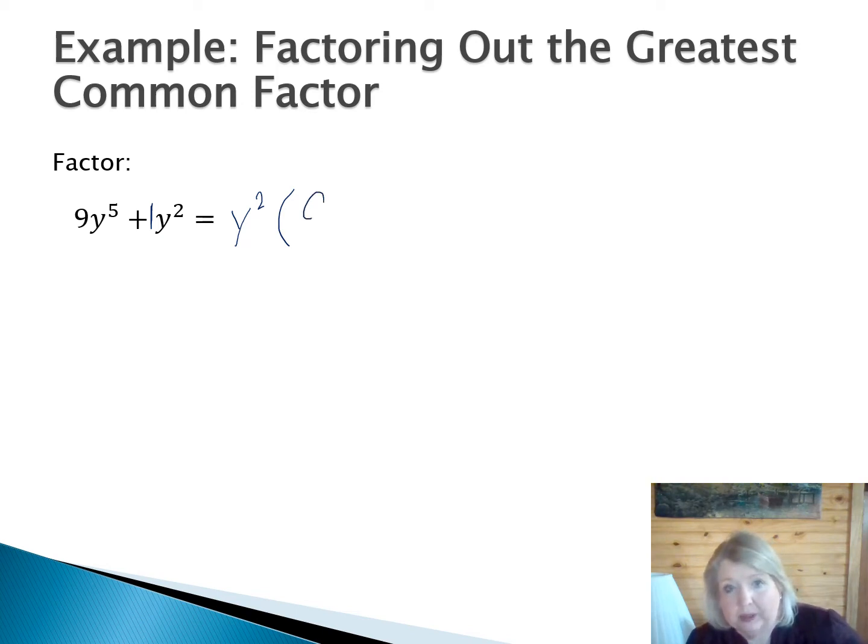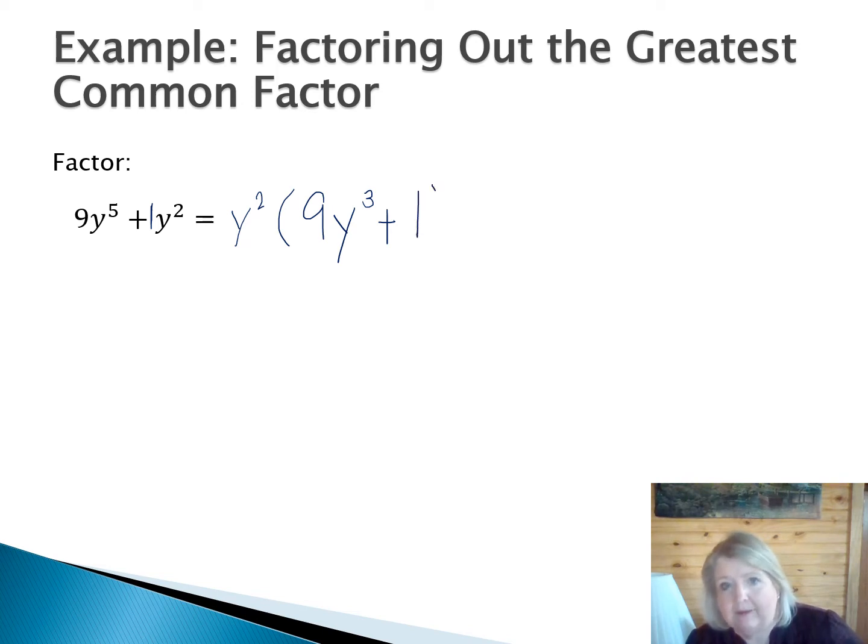9 divided by 1 is 9. When you divide with a common base, you subtract the exponent, so 5 minus 2 is 3. Plus sign comes on over. 1 divided by 1 is 1, understood. And y squared divided by y squared is also 1.